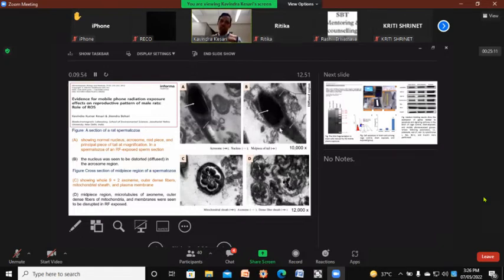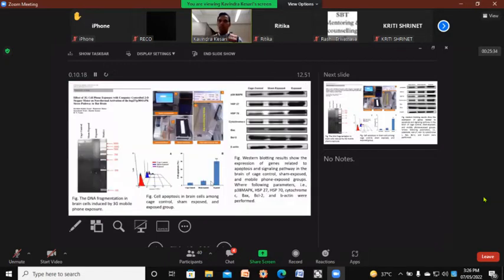It has totally distorted the head of the sperm. This whole area is the sperm head, which has been distorted by the radiation. Also the mitochondrial sheath, which has a 9-fold structure, is completely distorted after 2 hours of exposure. These are very interesting results we obtained during that time.